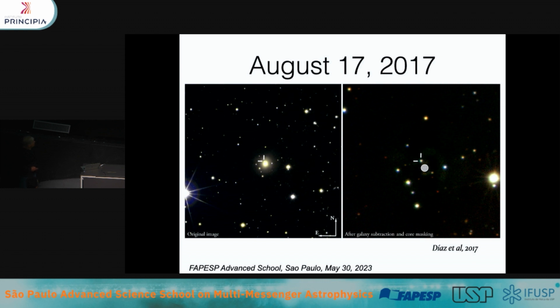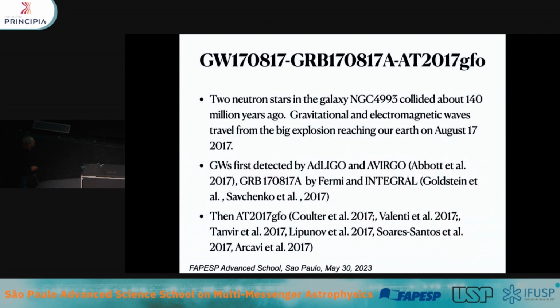And of course, there were much better observations than this. But so, two neutron stars in the galaxy NGC 4993. They collided 140 million years ago. The gravitational and electromagnetic waves traveled from this big explosion, reaching our Earth. And gravitational waves were detected first by Advanced LIGO and Advanced Virgo.